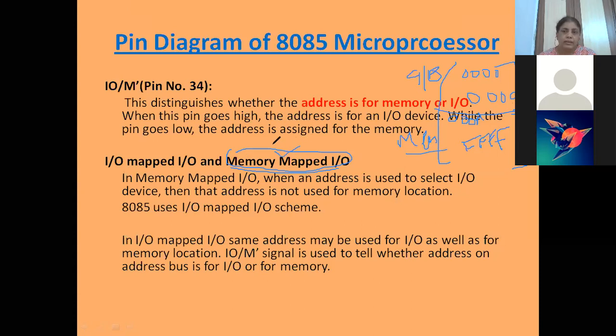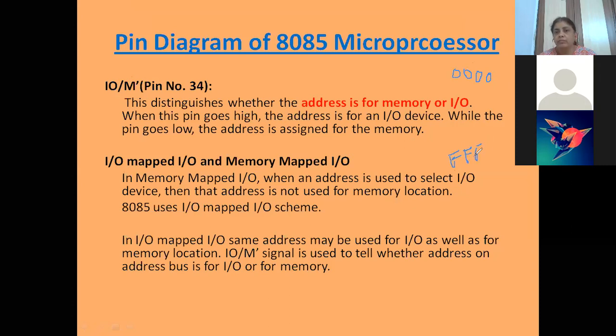फिर जब 8085 माइक्रोप्रोसेसर डिजाइन हुआ तो मैन्युफैक्चरर ने introduce किया ये पिन IO/M bar. इस तरह से बुक में है ये IO/M bar. तो this pin has an advantage कि अगर ये पिन मैं यूज करती हूँ तो I can use all addresses from 0000 to last location for memory as well as for input output.